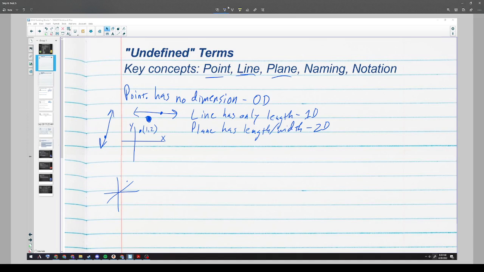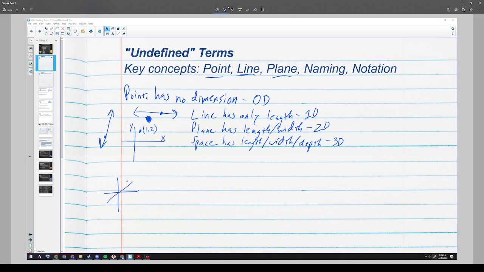So one step up from plane, which is actually considered a defined term, but I want to cover it here with these because it's basically just the next progression, is space. So space has 3 dimensions. It has length, it has width, and it has depth, or length, width, and height, or whatever you want to call them. I never know what thing to call those dimensions.